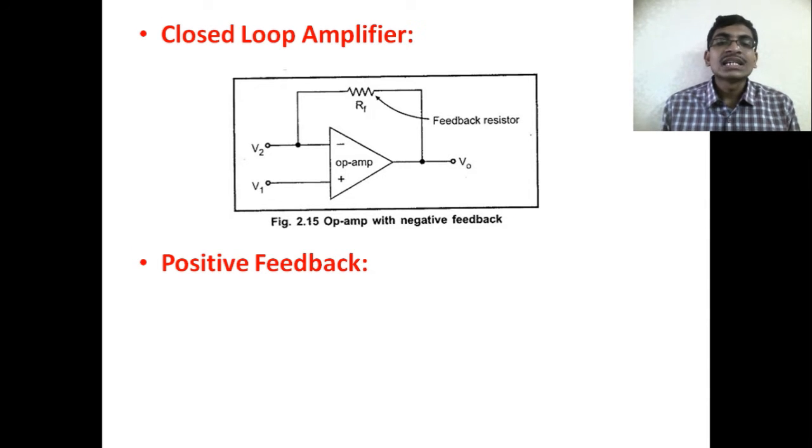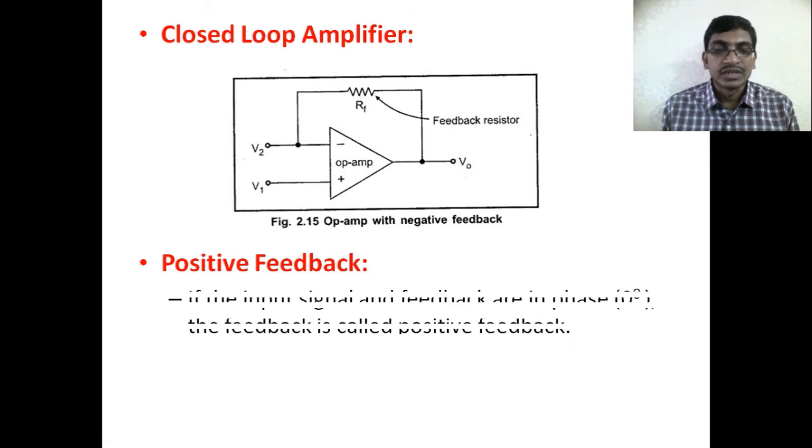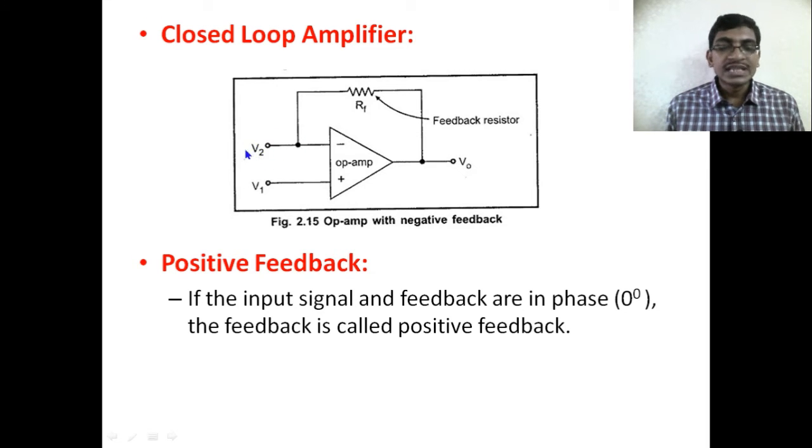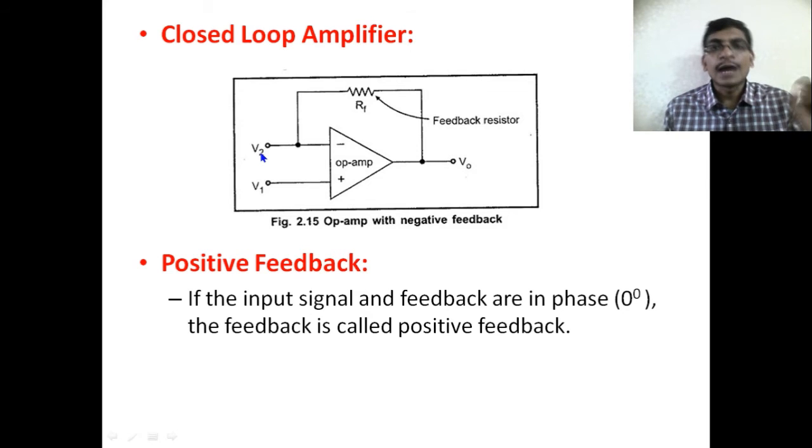So let us see the definition for the positive feedback. If the input signal and output signal are in phase, then the feedback is called positive feedback. Okay, so here at the input side we will have two input signals. One is the original input signal V2. In this diagram V2 is one of the input signals that we are applying from the external source. Another input signal is some portion of the output signal which is coming through the feedback network RF.